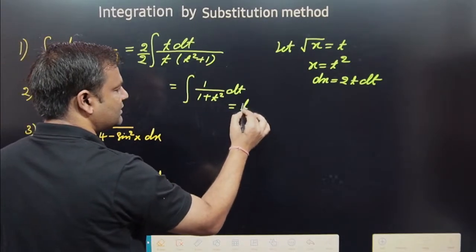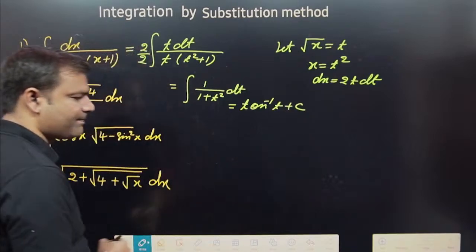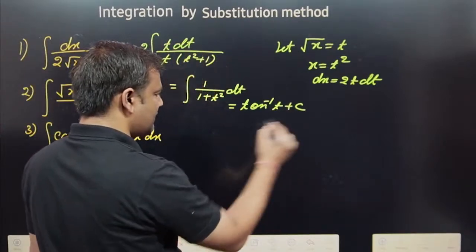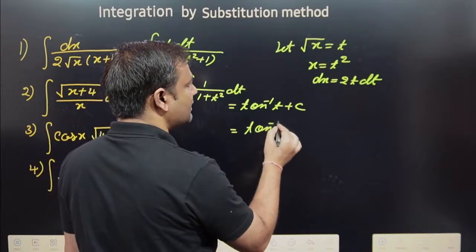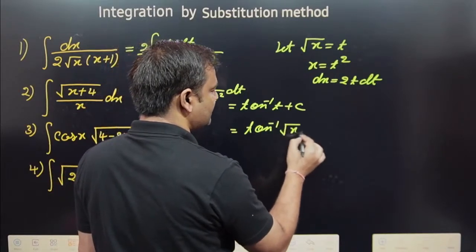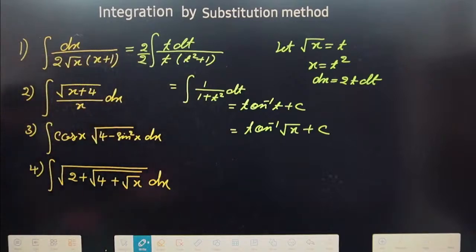That is tan inverse t plus c. So tan inverse t, basically tan inverse root x plus c, is the right answer. Make it tan inverse root x as the final answer.